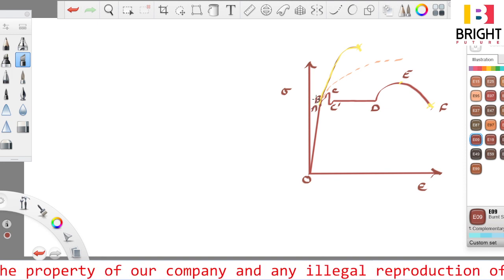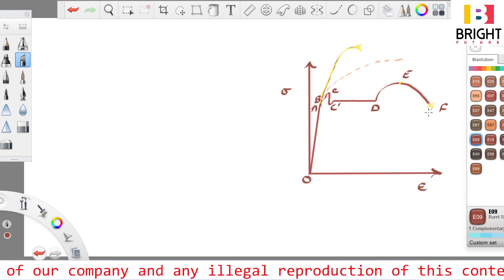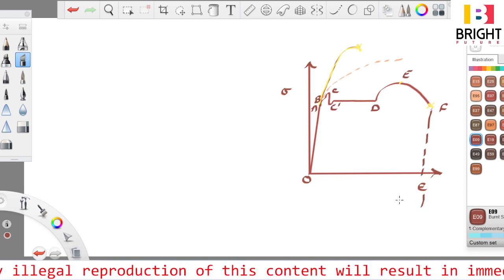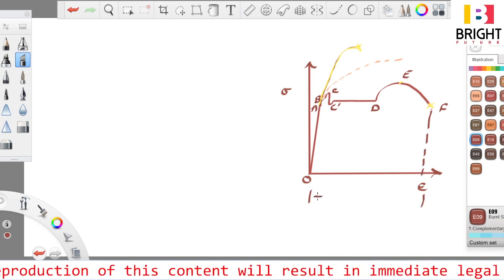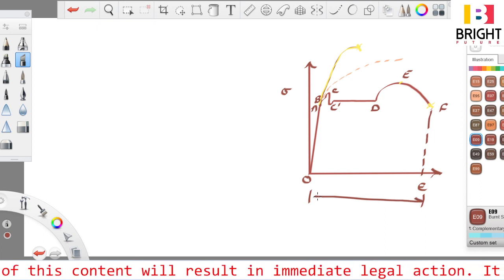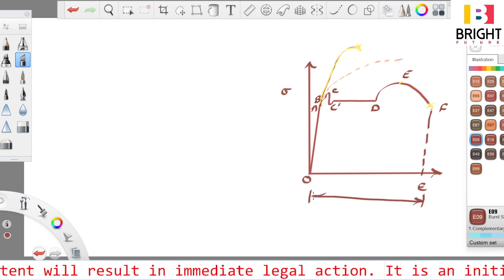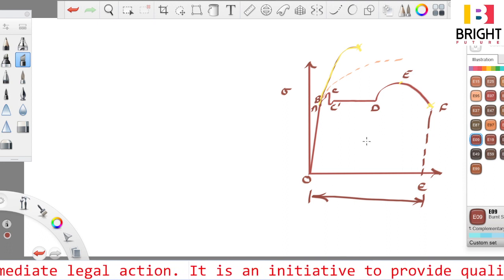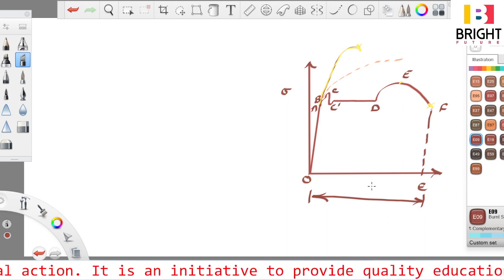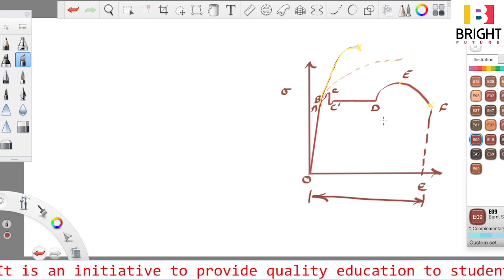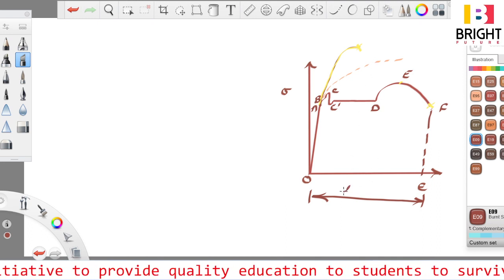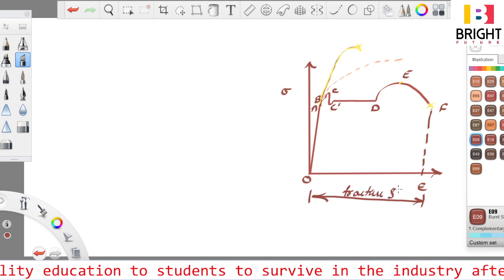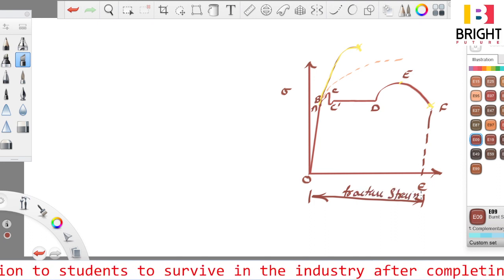So here I will show that this is the fracture strain, meaning how much strain happened to the material before failure, before fracture occurs. That is known as fracture strain. Normally it is given in percentage, right?